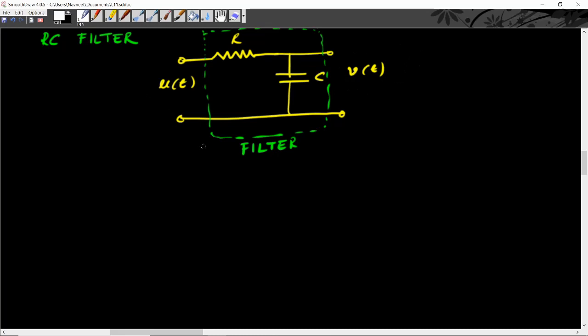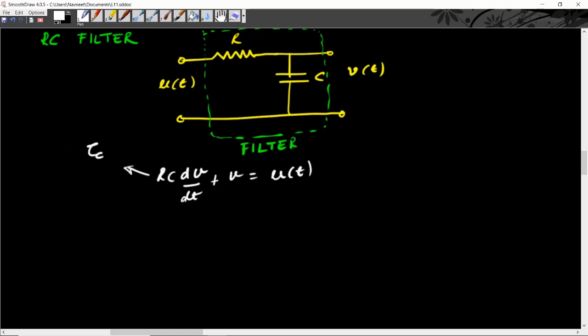So what we can show is that the output voltage, that is V of t, which we consider as the output signal, is related to the input signal by this differential equation. So this is a first order differential equation, and this term RC has units of time, and we'll denote it with, let's say, some time constant tau c.